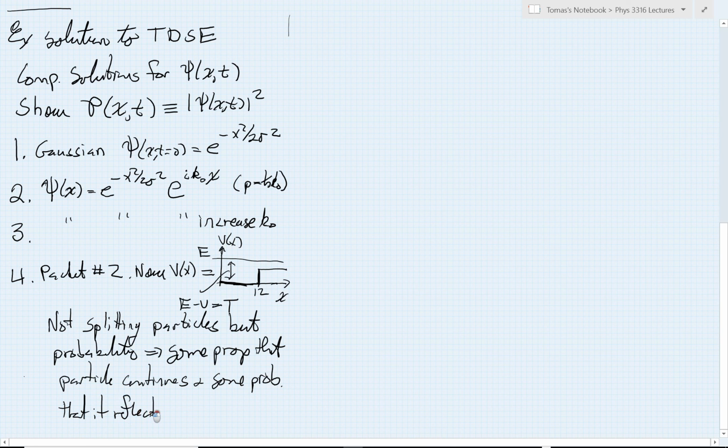So these are very different types of behavior that we can get when we have a simple Gaussian packet traveling either through free space, as we've been discussing earlier, or when it hits a sudden bump in potential and then continues moving along.